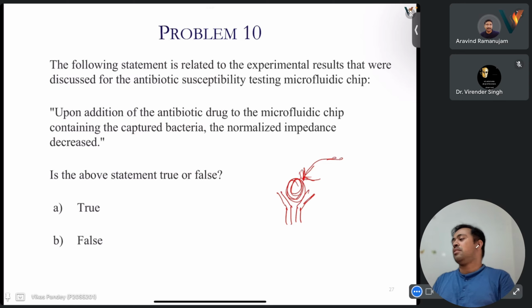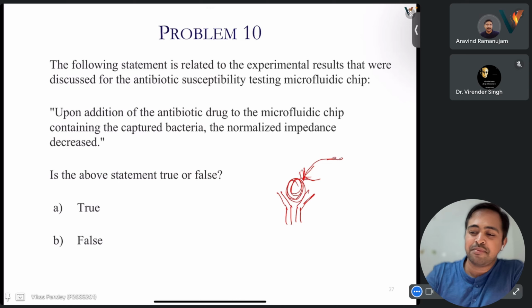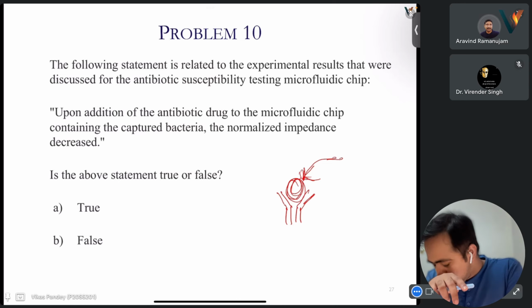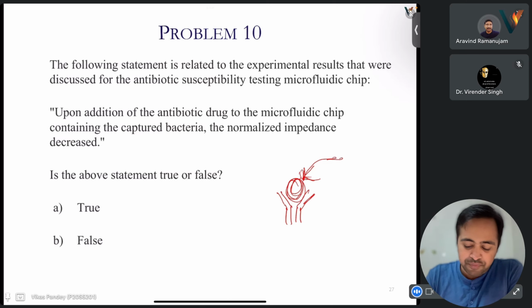So how will it increase or decrease? Any idea? No, sir, thinking. Arvindji, any clue from your side? No, sir. Okay. I think I have already given the answer in one of the previous questions when we were discussing something about impedance.